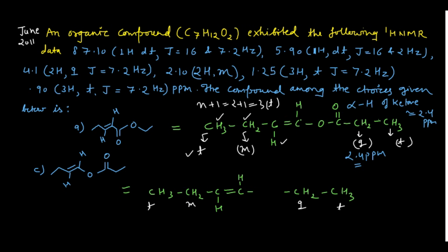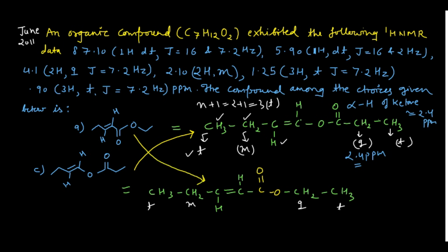No issues. This is carbon double bond oxygen and this is oxygen. So basically what I did, C double bond O. This structure is corresponding to this one, and this structure is corresponding to this one.